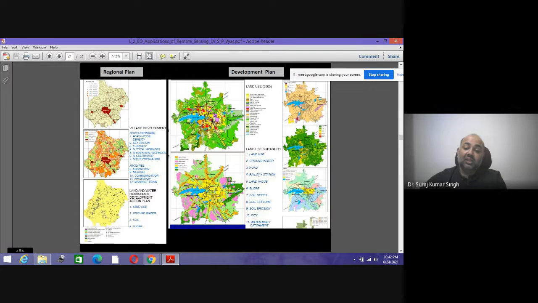What are the railway stations, and are those railway stations sufficient in nature? What are the values of land and slope, then soil depth, soil texture, soil erosion, water body, catchment analysis? All such studies can be easily mapped, can be easily viewed.